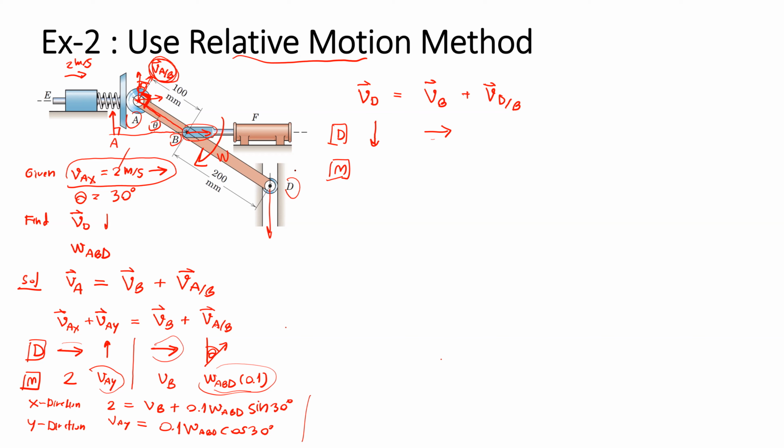D with respect to B is perpendicular to the line from B to D. And the angle here is the same.